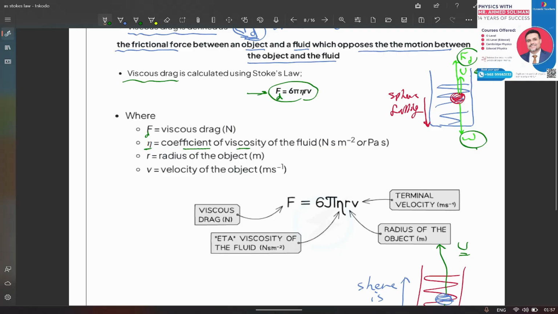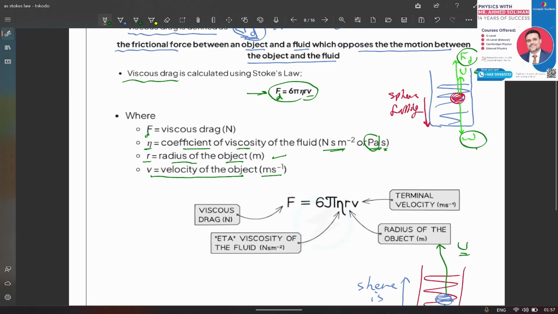We can call it viscosity, and its unit is N s m^-2, or Pa s, Pascal second. And r is the radius of the object in meter, and velocity v, terminal velocity or velocity, will be in m s^-1. So drag force equals 6 multiply pi multiply eta, the viscosity, multiply radius multiply speed. This is the equation that will be given in the equation sheet.